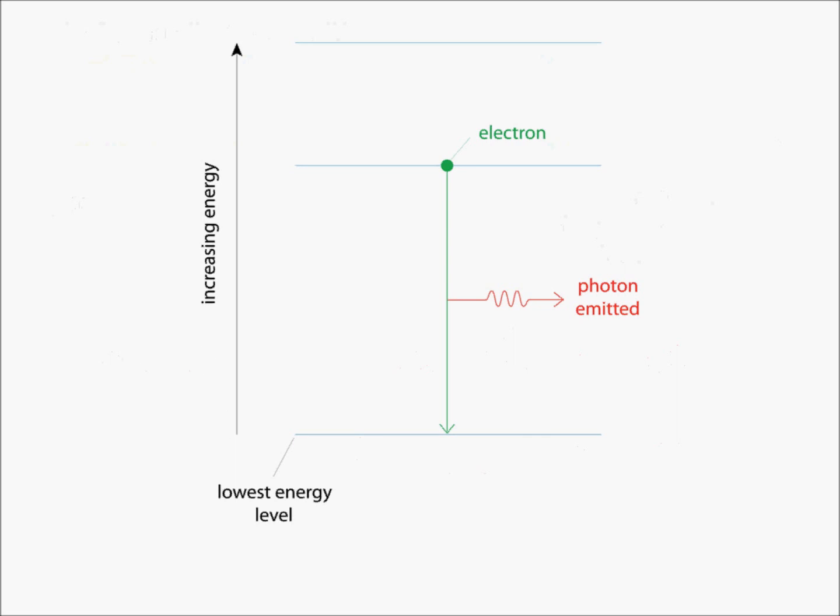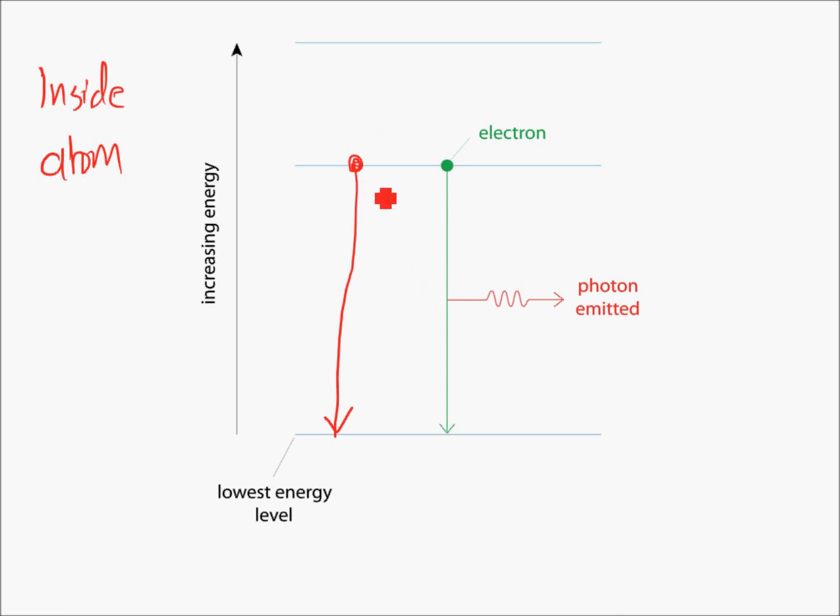It's been shown, and we've found out, that inside an atom, electrons can only exist in certain energy levels. There are set energy levels that they can exist in, and sometimes an electron will fall from a higher energy level down to a lower energy level, and when it does so, it loses a very specific amount of energy.